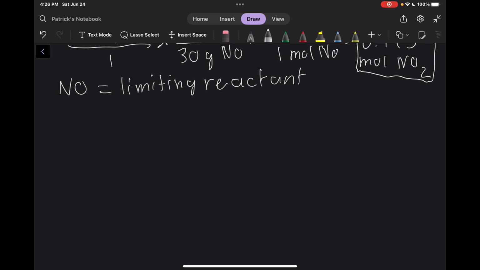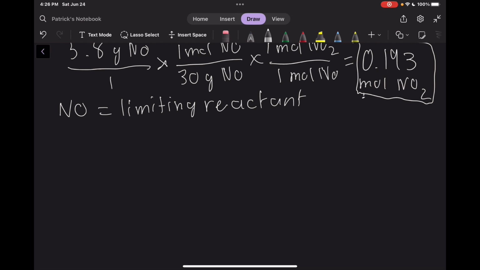For part B, we have to find out how many grams of product are produced. This might seem confusing, but we have to remember that the reaction stops once the limiting reactant is used up. This means that we can use this number, 0.193 moles of NO2, as our basis for calculation.